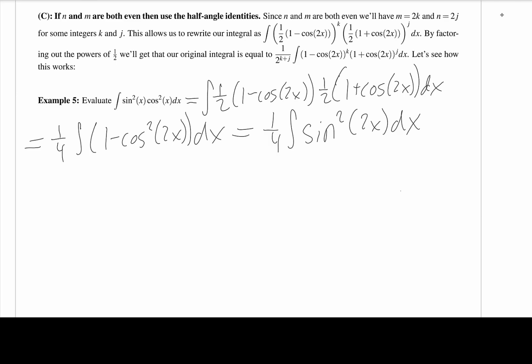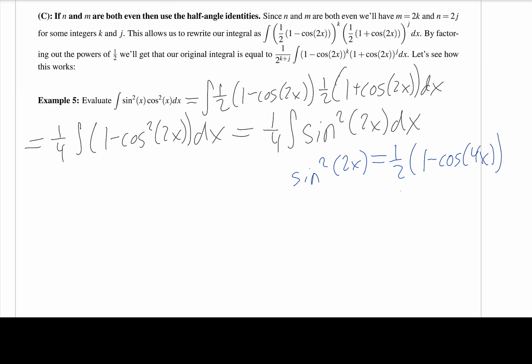All right. Once we're there, we can go ahead and use another one of our properties. We're going to be using the half angle identity here, which says that sine squared of 2x is equal to 1/2 times 1 minus cosine of 4x.